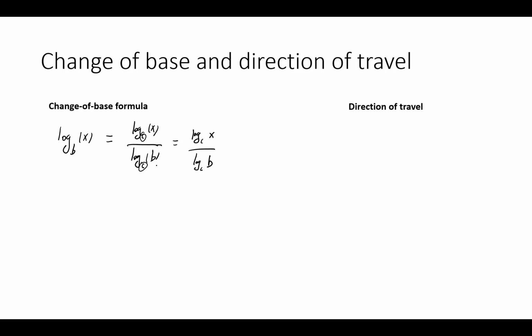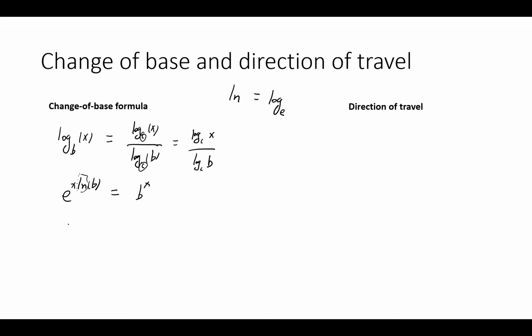Another useful formula is regarding Euler's number. e to the power of x ln b, where ln is shorthand for log using the base of e, can be expressed as b to the power of x.